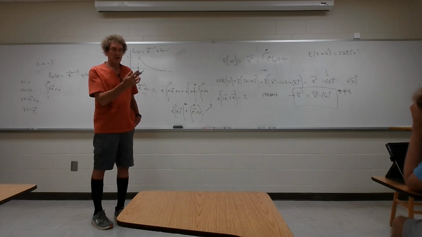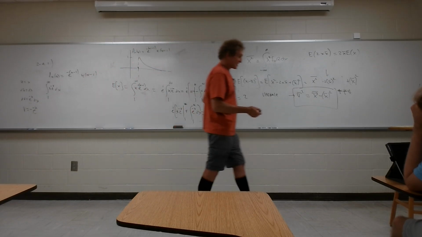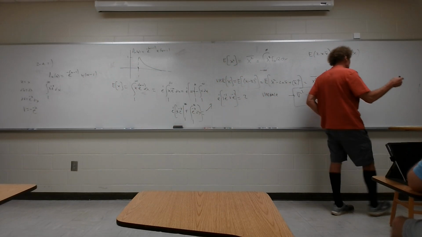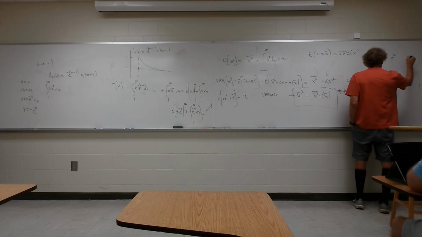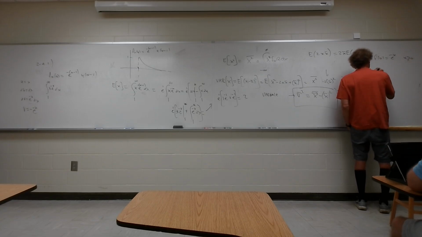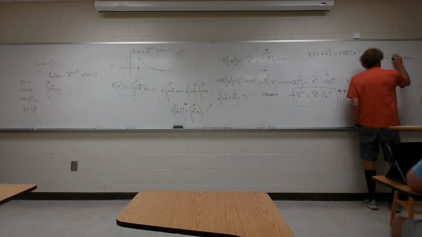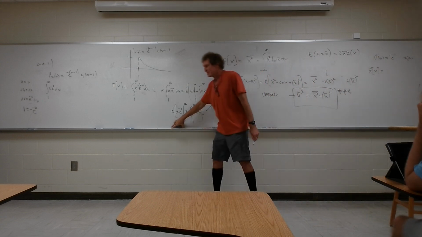No. It'll be 2. And I'll tell you one other thing: if you have an exponential density function, f of x equal e to the minus x for x greater than or equal to 0, and you want the expected value of x, there are these tricky formulas.